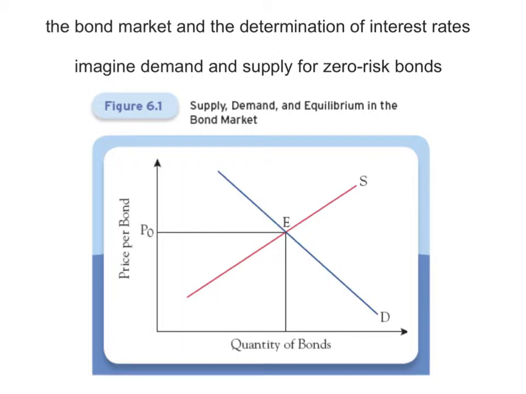So what we'll imagine now is an initial equilibrium where the price of a standard bond is P0. Many factors affect the demand and supply for bonds, and we'll be talking about those factors later. For now, we'll just assume that the demand curve is what it is and the supply curve is what it is.